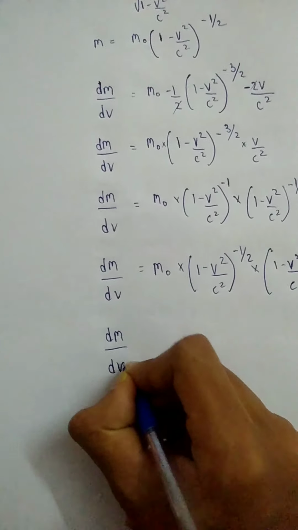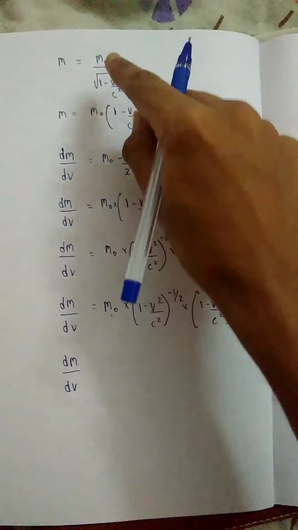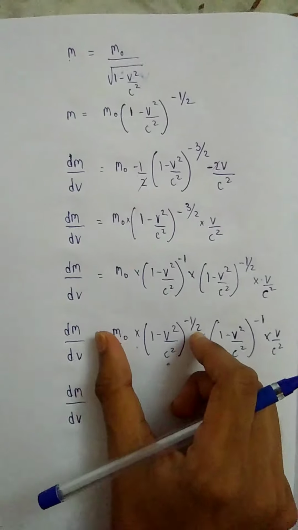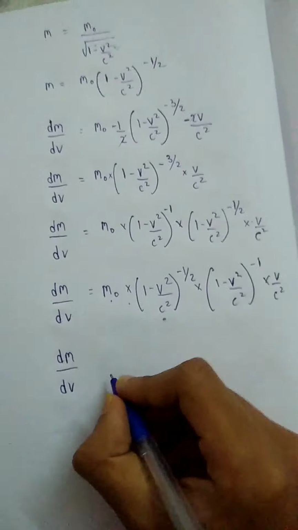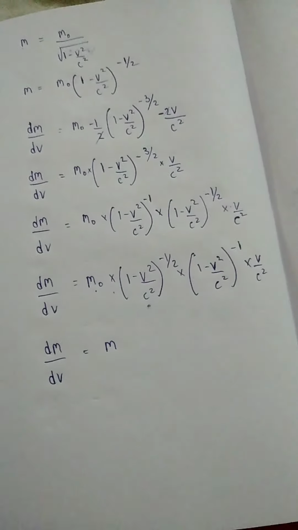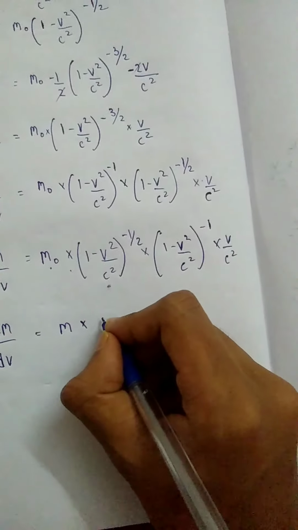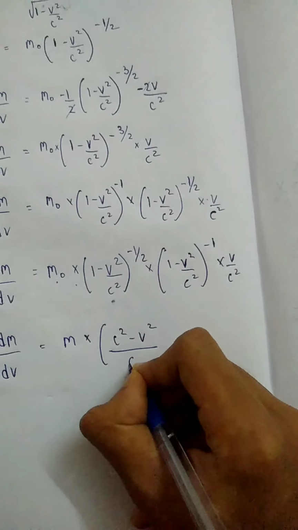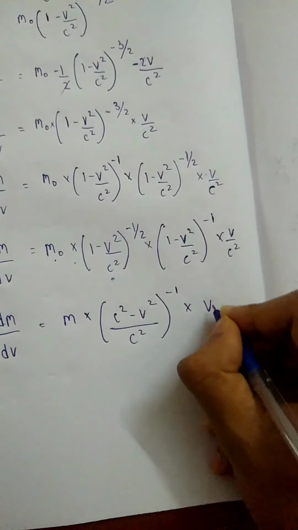dm equal to dv. So this part is nothing but m. As we can see, instead of this part we can simply substitute m, into, just cross multiplying, (c square minus v square by c square) power minus 1 into v by c square.